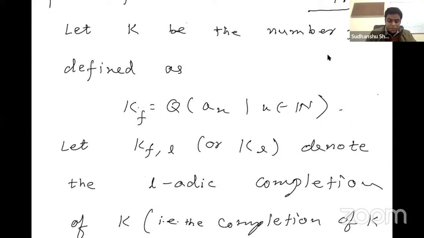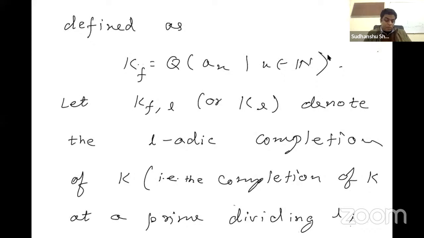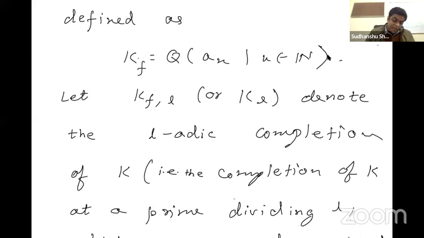From there there is some integral relationship between elements of the Hecke algebra, and from that one gets that these a_n all lie inside a number field for a fixed f. So now I have this number field K_f.